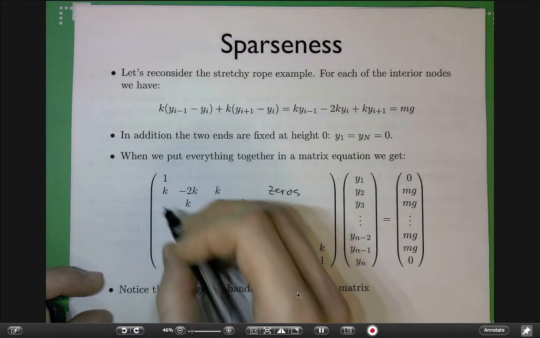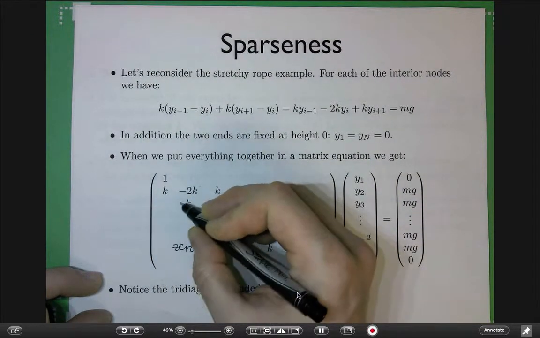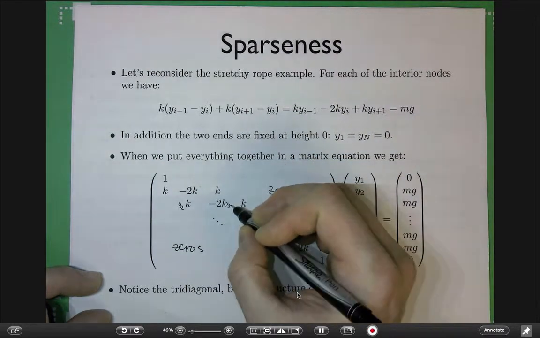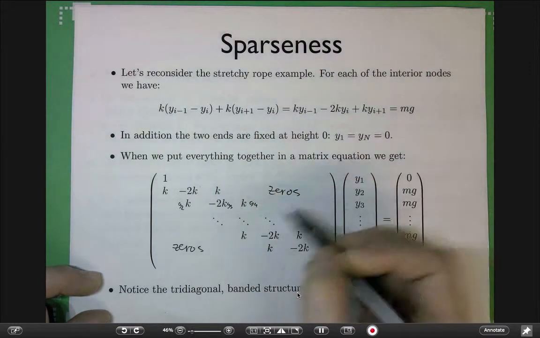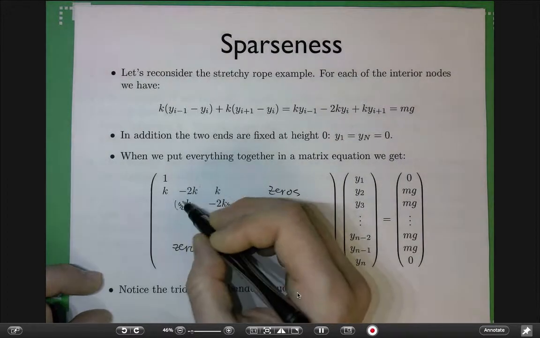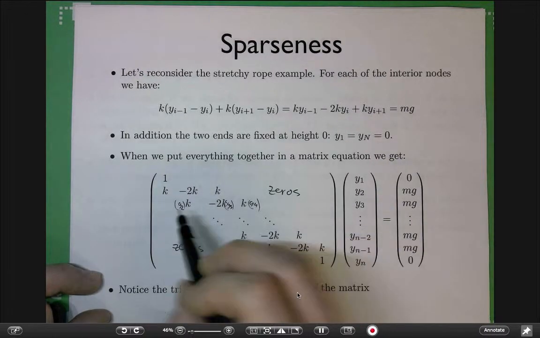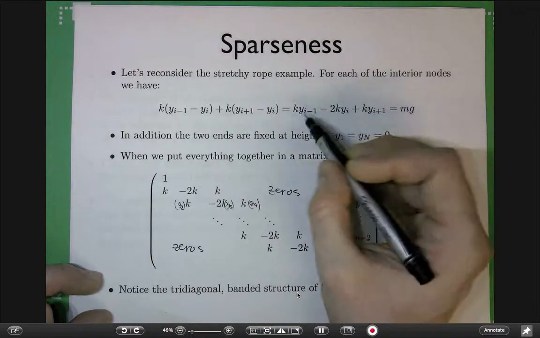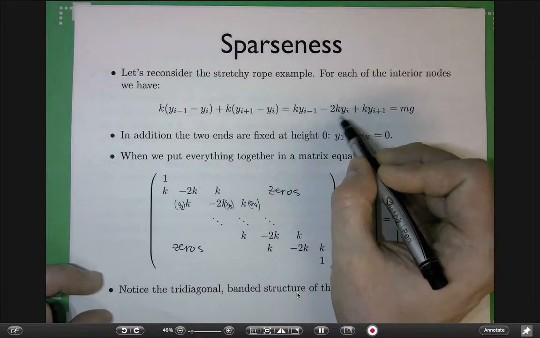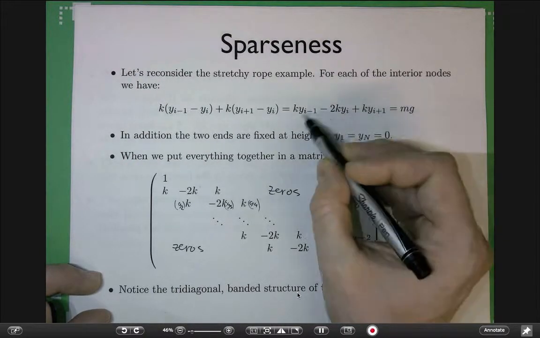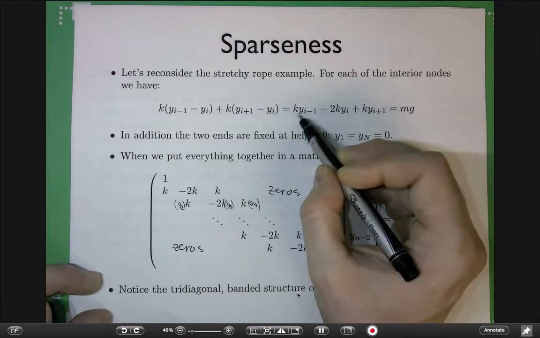So this one will come out to be y1, this would be y2, this would be y3, and this here would be y4, right? If I multiply that together, I'm just showing how it would look if you multiply it. That's because this equation is only looking at the one to the left and one to the right. It does not look 2 nodes to the left, right?